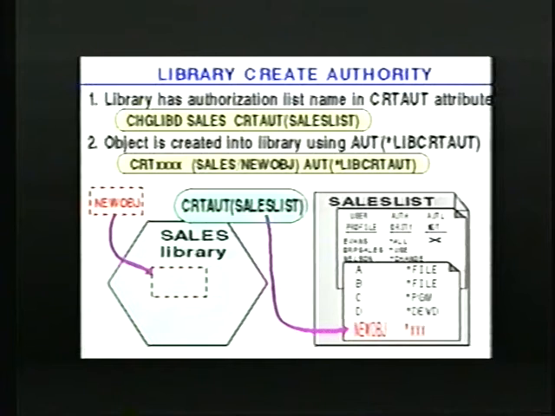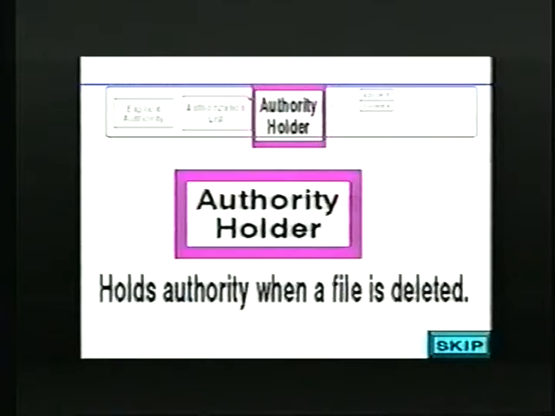Now when we create a new object into library sales, specifying library create authority in the AUT parameter, and by the way, this is the default for most create operations, the system looks at the library create authority, sees the authorization list sales list is named for library sales, and so the new object immediately gets added to the sales authorization list.